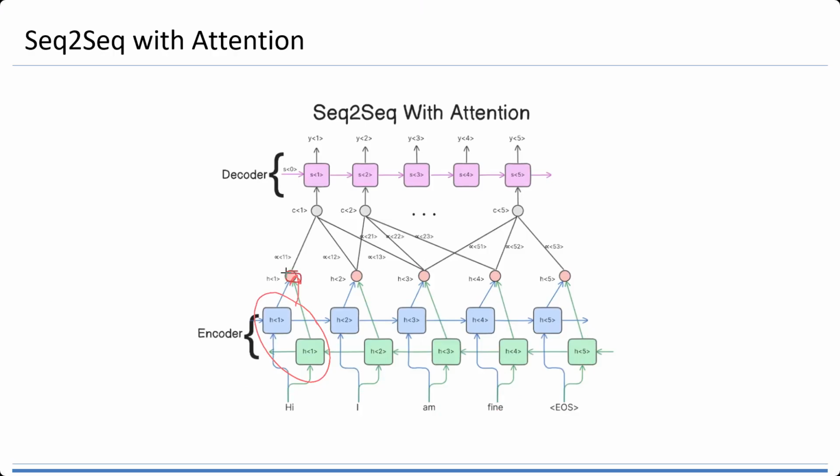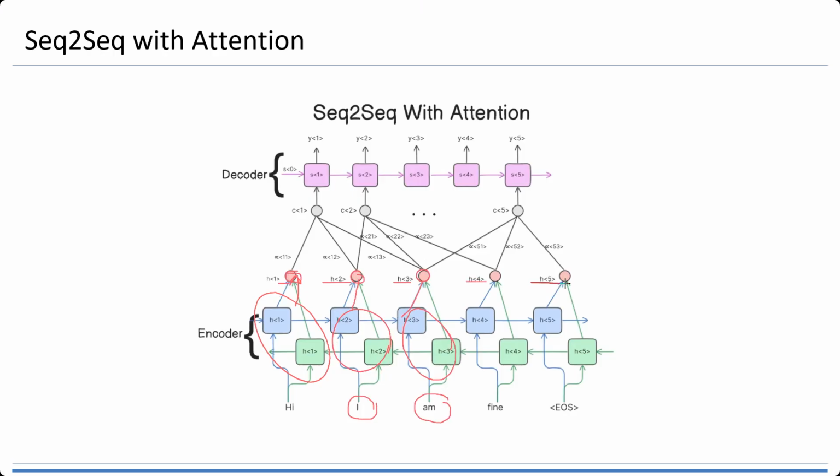And we also include the next word, which is "I", and we produce another hidden state and another matrix. And then we produce another hidden state and another matrix, and so on. Let's say we have H1, H2, H3, H4, H5.